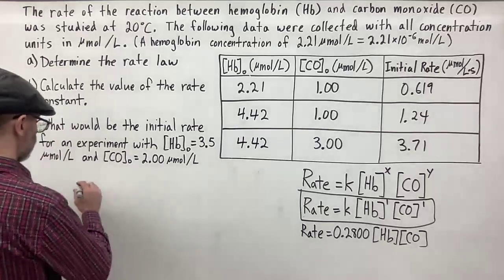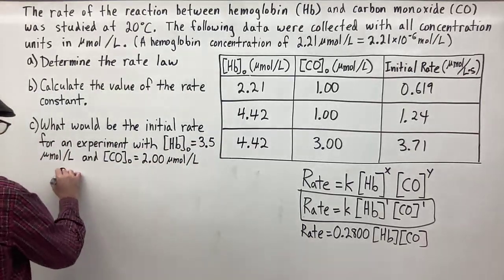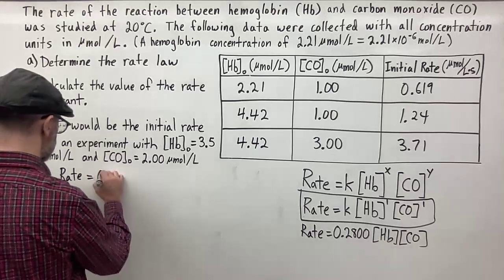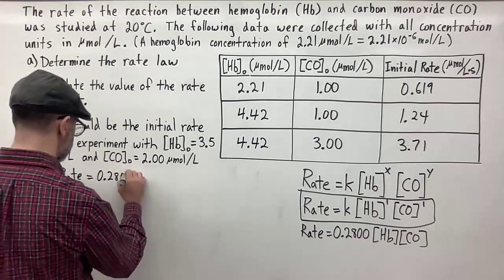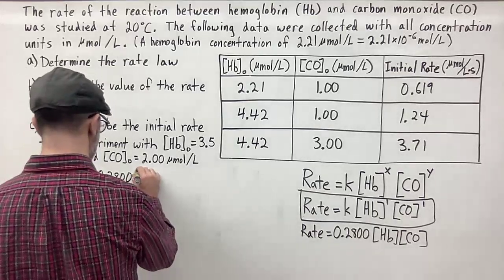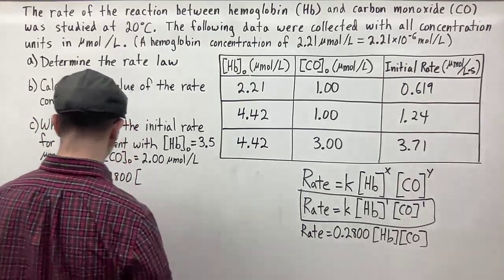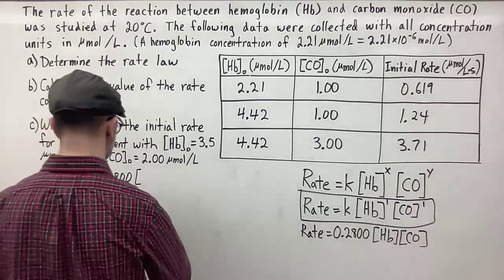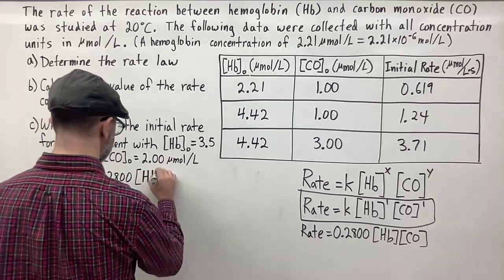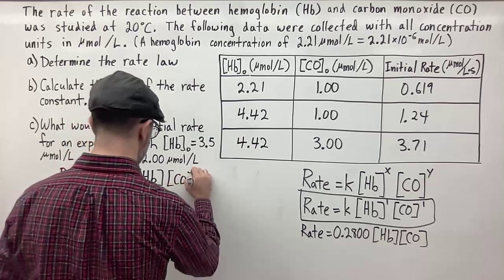So we're going to take our rate law here. So the rate is equal to 0.2800 multiplied by the concentration of hemoglobin times the concentration of carbon monoxide.